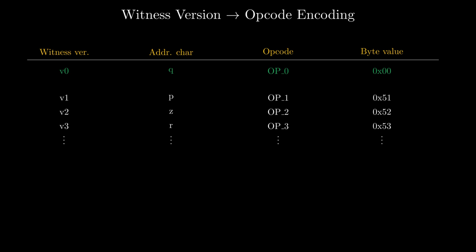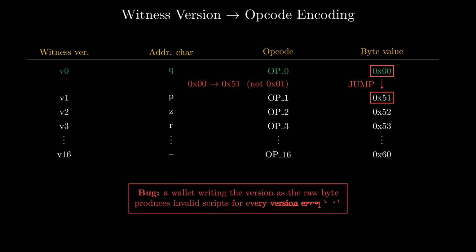But witness versions 1 through 16 compile to OP_1 through OP_16, which are the bytes 0x51 through 0x60, not 0x01 through 0x10. So version 1 is byte 0x51. Version 2 is 0x52. This jump from 0x00 to 0x51 is a common source of implementation bugs. A wallet that naively writes the version number as the byte will produce invalid scripts for every address except version 0.